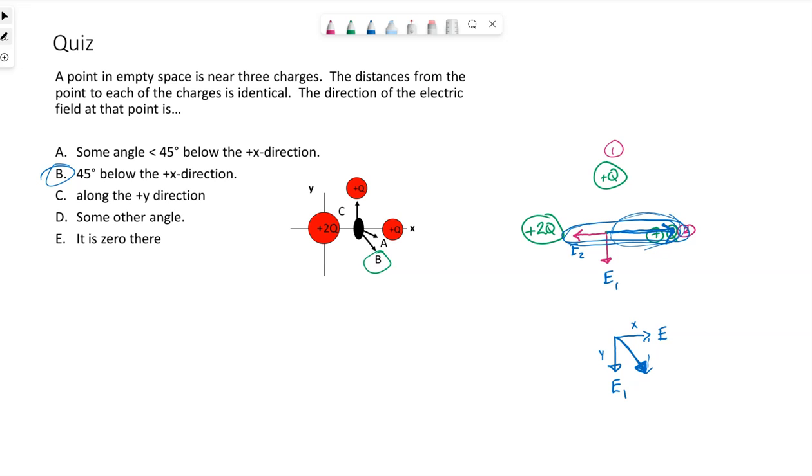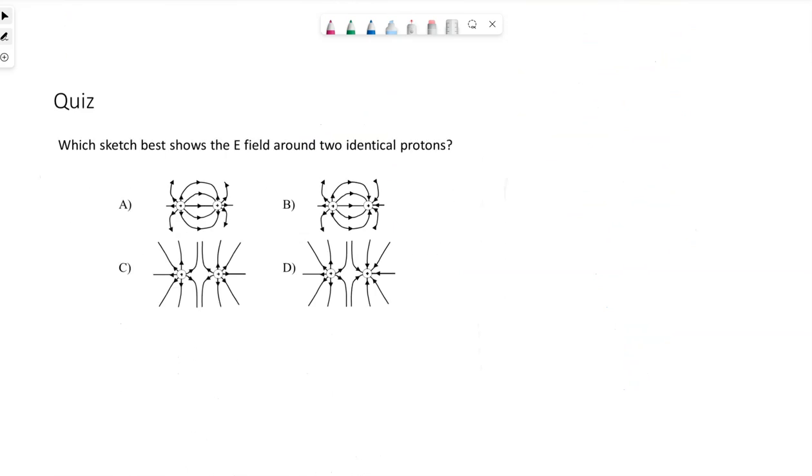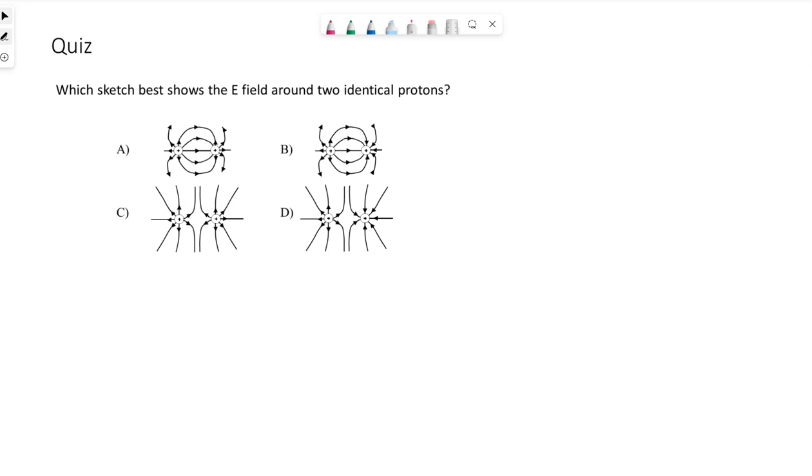All right, one last question. The correct answer here is C. So two protons, both of them will be creating electric fields that point away in all directions.